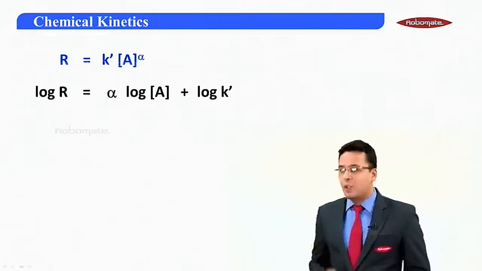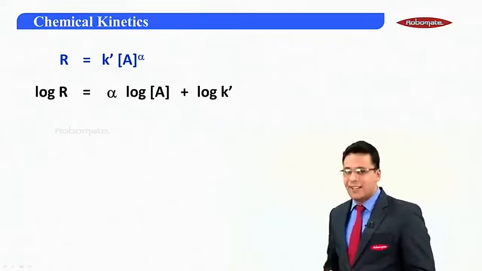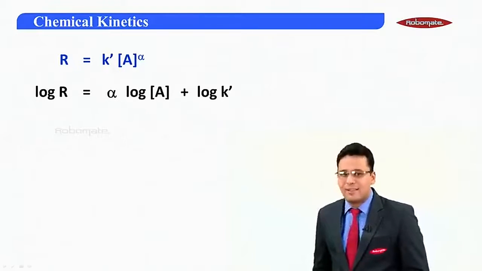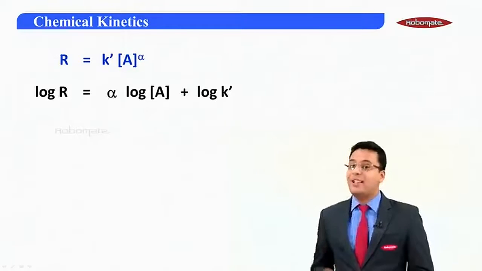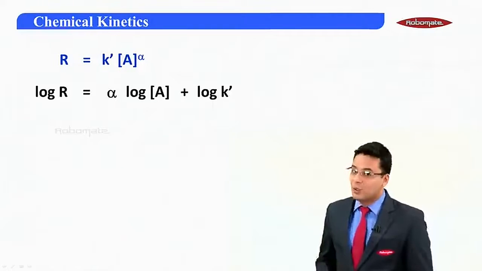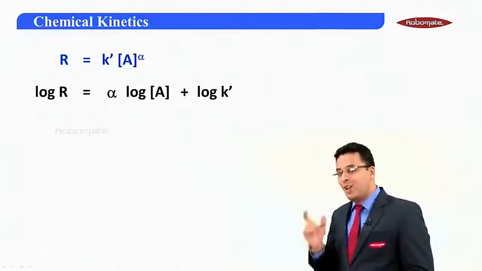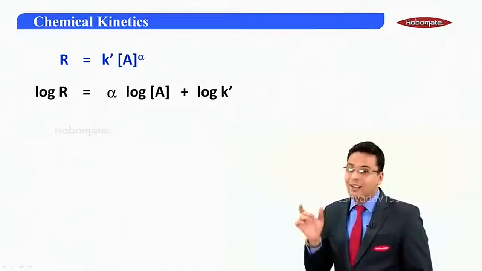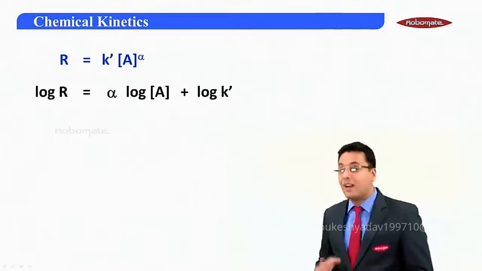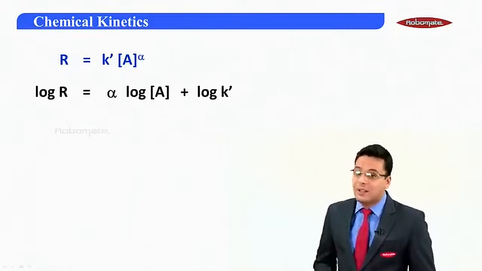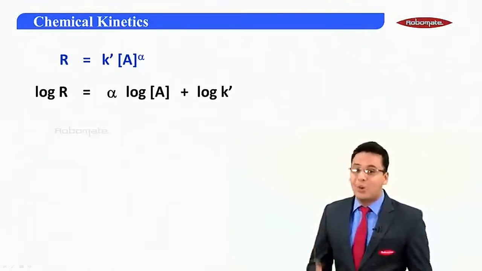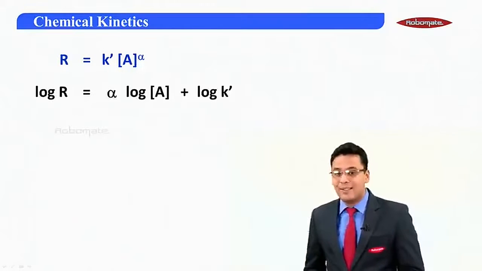But if you observe closely, alpha is anyway a constant. As the concentration of A is decreasing, the rate is also changing, which means log R and log of concentration of A are the two variables here, which means this equation is similar to y is equal to mx plus c.